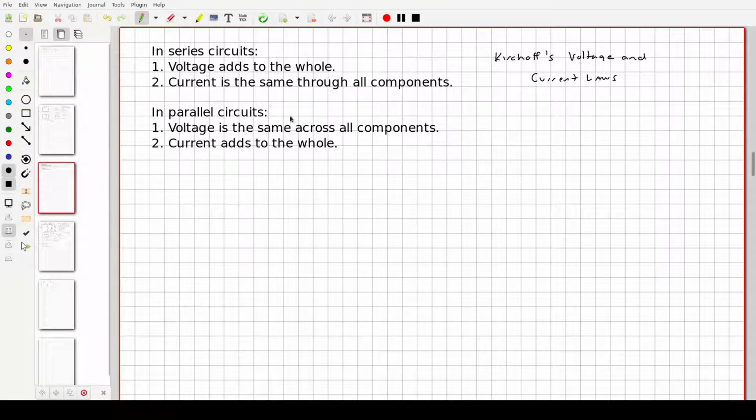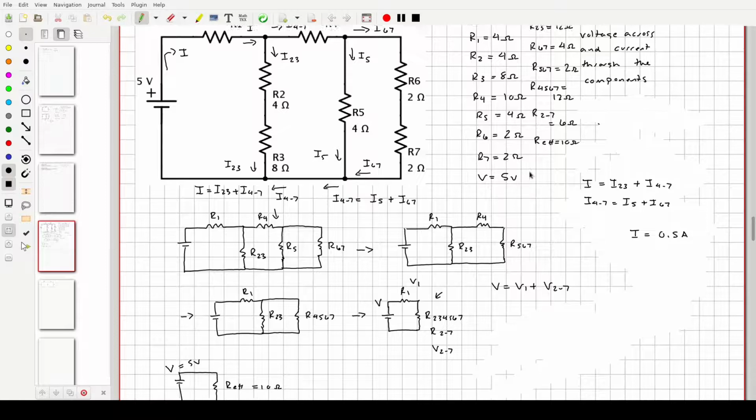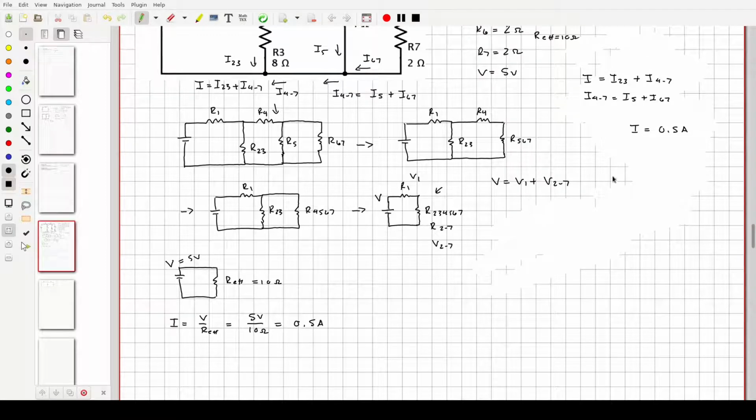That's the key there: the current's the same. So we know V is equal to I times R. That's Ohm's law. So V1 is going to equal I times R1, and V2 through 7 is going to equal I times R2 through 7.